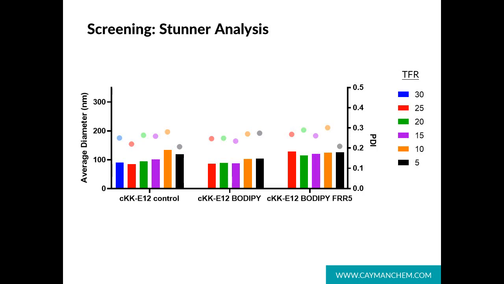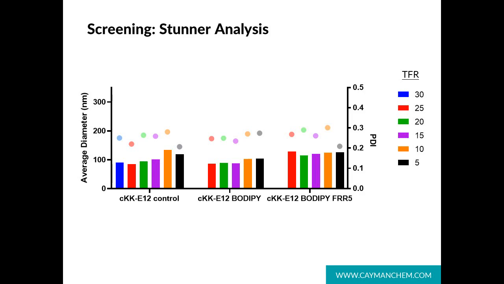With the newer ionizable lipids, the particles came together a little bit differently. For instance, CKK-E12 made particles that were still around 100 nanometers, but had slightly higher average PDIs, meaning that they were a little bit less uniform.